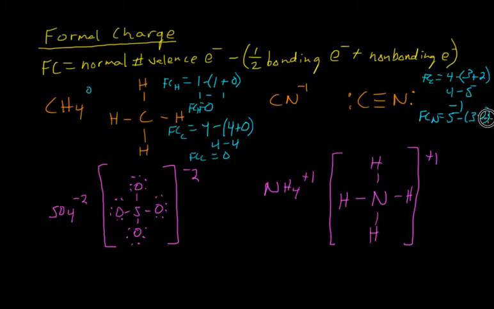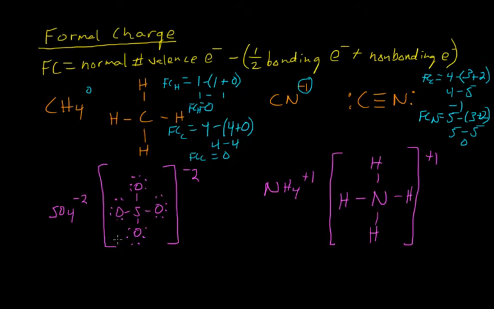So 3 plus 2 is going to give me 5, and 5 minus 5 is 0. So if you'll notice, if I add a -1, which is the formal charge on the carbon, to the formal charge of 0 on the nitrogen, I actually get the -1 charge here for this polyatomic ion, which is cyanide. So like I said before, this is just a way that you can double check to make sure that what you've done is actually correct.